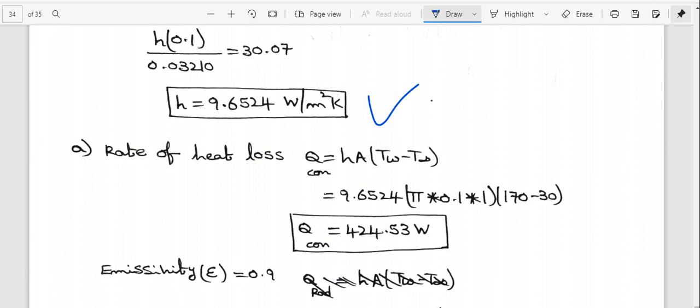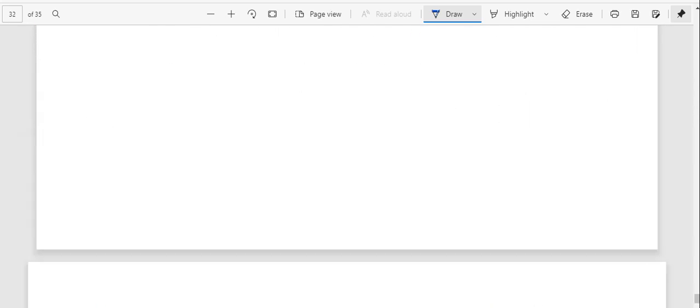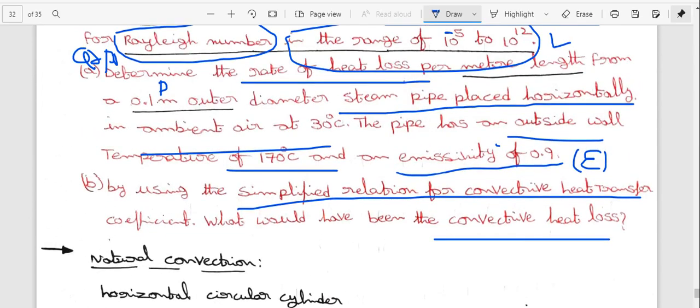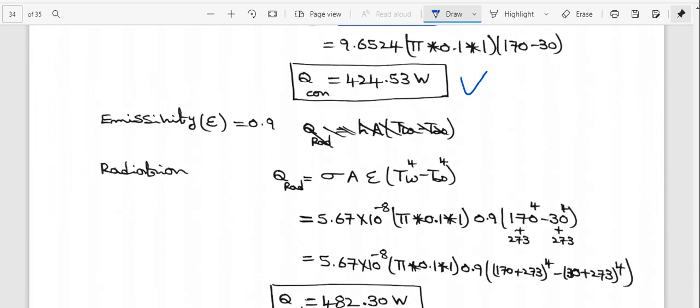The rate of heat loss by convection is hA delta T. We need to substitute all these values. In this question, the radiation effect, that means emissivity, is given, that means 0.9. We need to calculate the radiation value also.